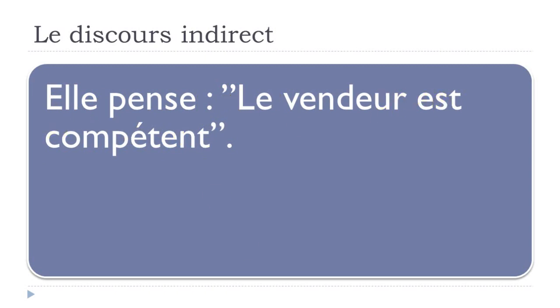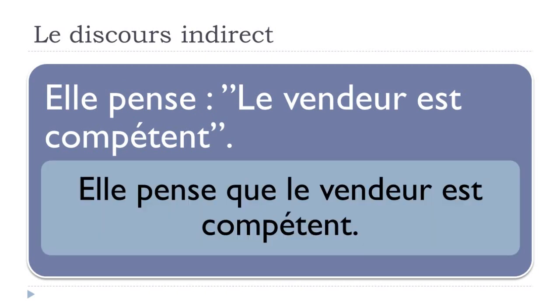What if I would like to transform this sentence and use this elle pense que, okay? So same thing in English, it could be she thinks or she thinks that. And that's the whole concept of this discours indirect. And the sentence could be transformed like that.